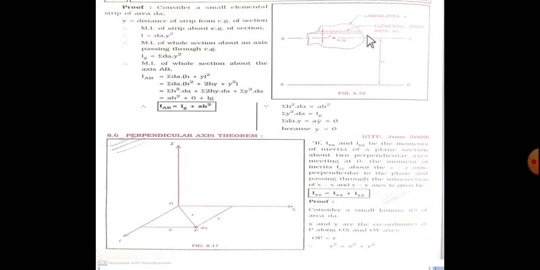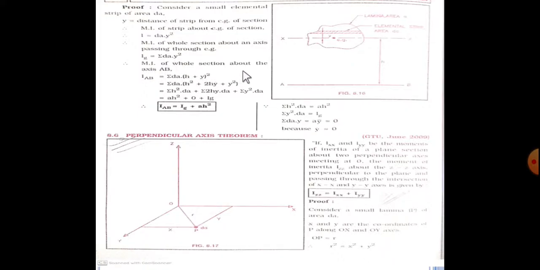This is our main CG, which is Ig, and from here it is Y. The moment of inertia of the strip about the CG of the section is dA into Y square. Now, the moment of inertia of the whole section, Ig, is equal to the sum of dA into Y square.